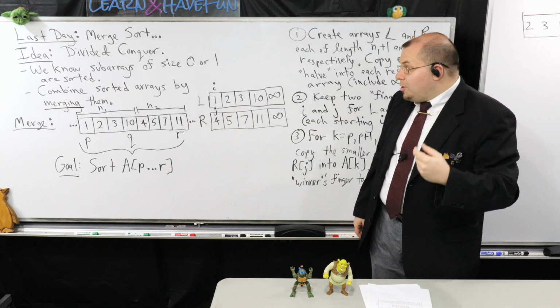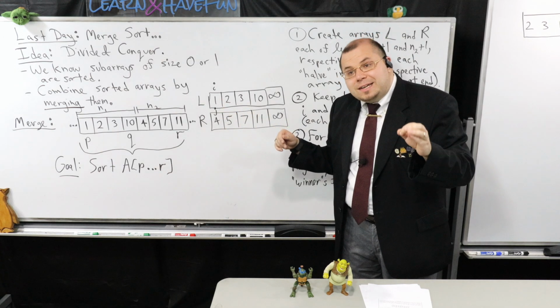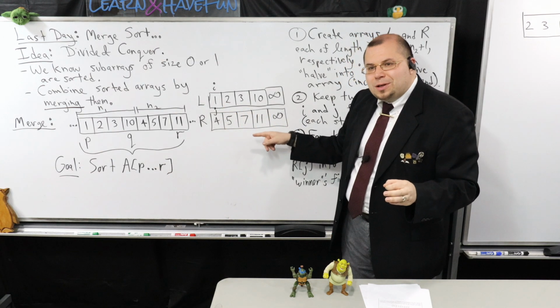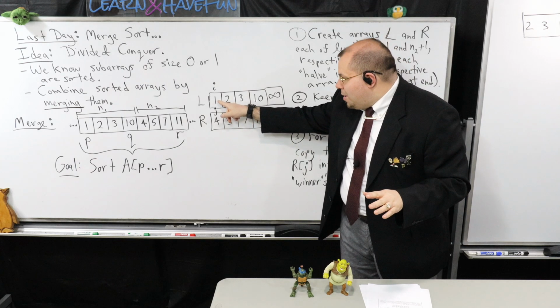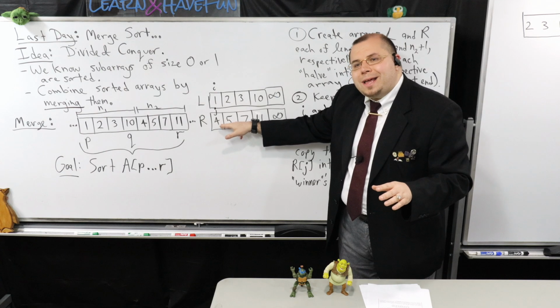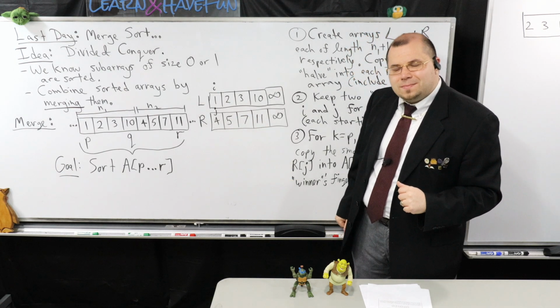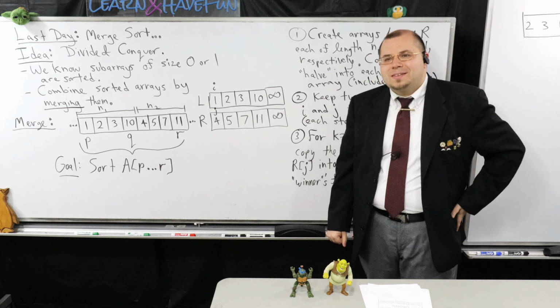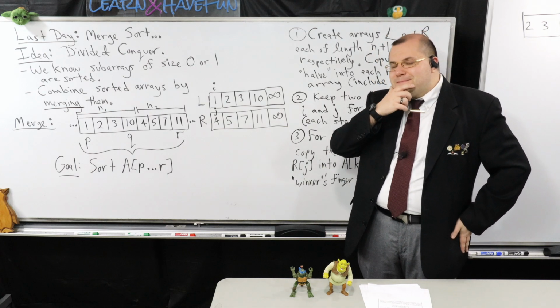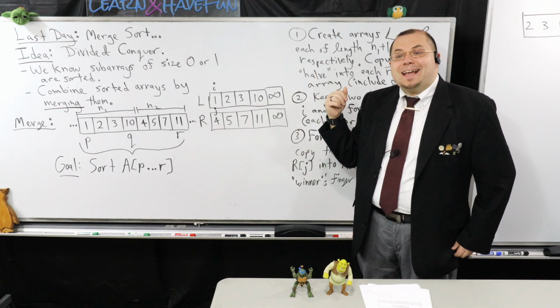Well, in our case, we know that yes, 1 will be less than 4, but here's the neat part. If I give you, say, 1 versus 4, and I tell you that 1 is less than 4, what else is it less than? If I look at L and R. Everything else, right?